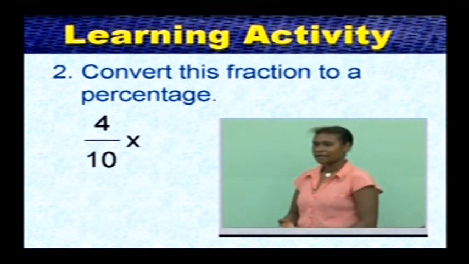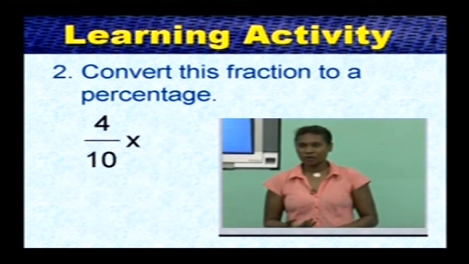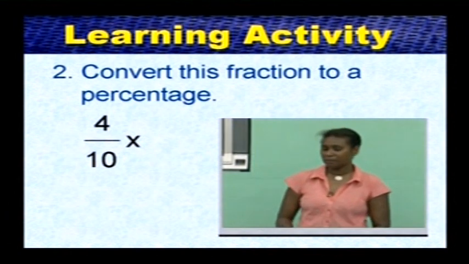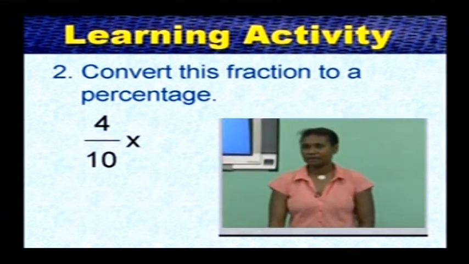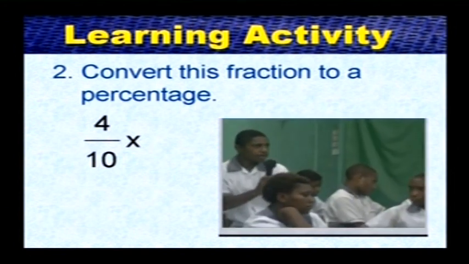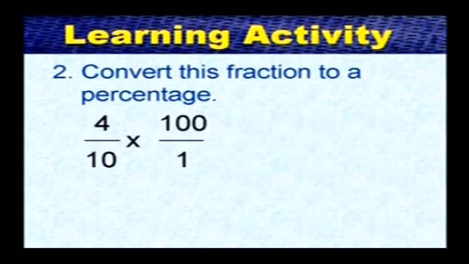Good try. But 10 is not a percentage, cannot be used to be multiplied with a fraction to get us to a percentage. Emmanuel, can you correct yourself? 100. 100, very good. We multiply 4 over 100 times 100 over 1 because 100 is always used for a percentage.